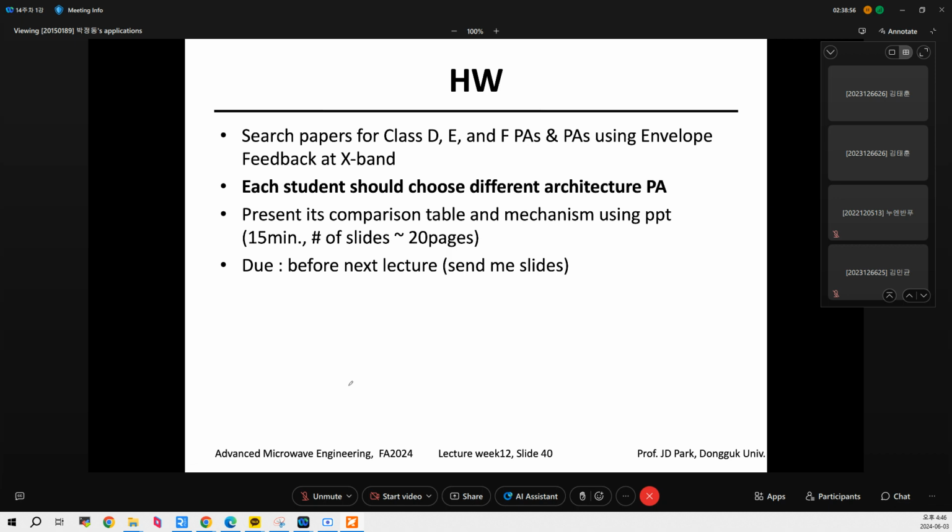Bampu just chooses a PA using envelope feedback, whatever. So you guys choose different topics. Each student should choose a different PA architecture and present a comparison table and mechanism using PowerPoint.